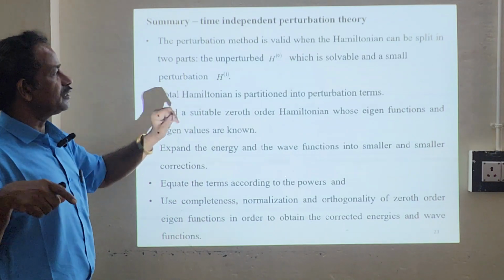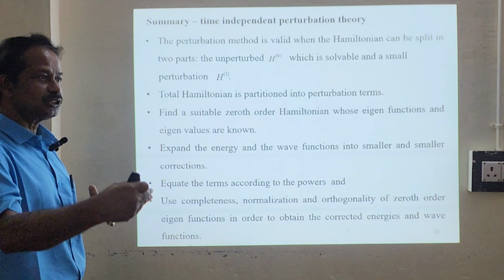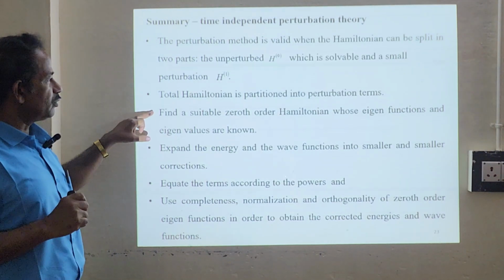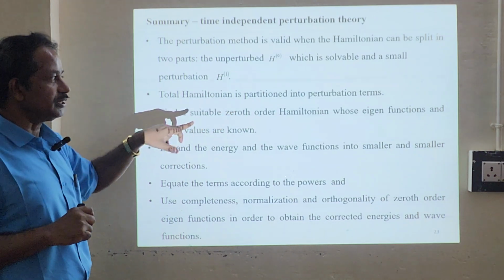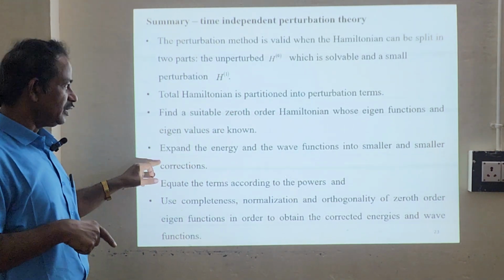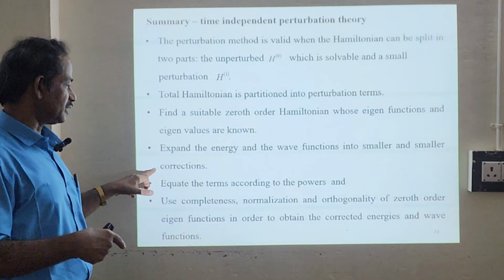The total Hamiltonian is partitioned into perturbation terms like lambda H1, lambda squared H2, lambda cubed H3, and it goes on. We are going to find a suitable zeroth order Hamiltonian whose eigenfunctions and eigenvalues are known already by the exact method. We expand the energy and wave function into smaller and smaller parts.